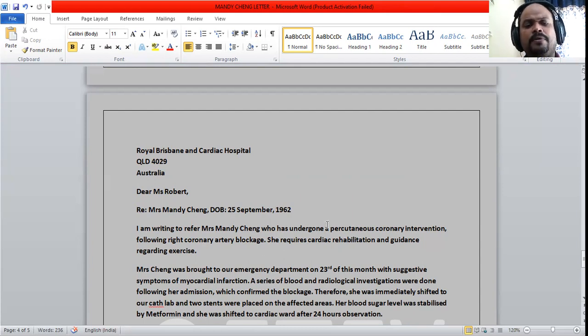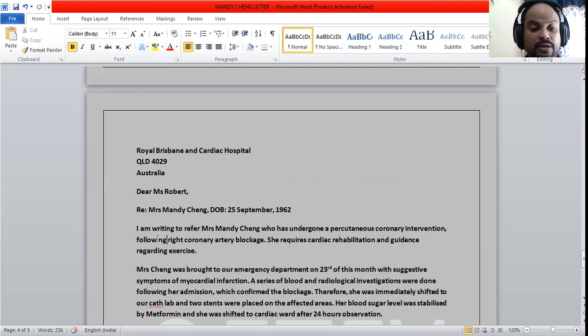She has undergone a percutaneous coronary intervention following right coronary artery blockage. So she had a right coronary artery blockage, and she has undergone a percutaneous coronary intervention following this.